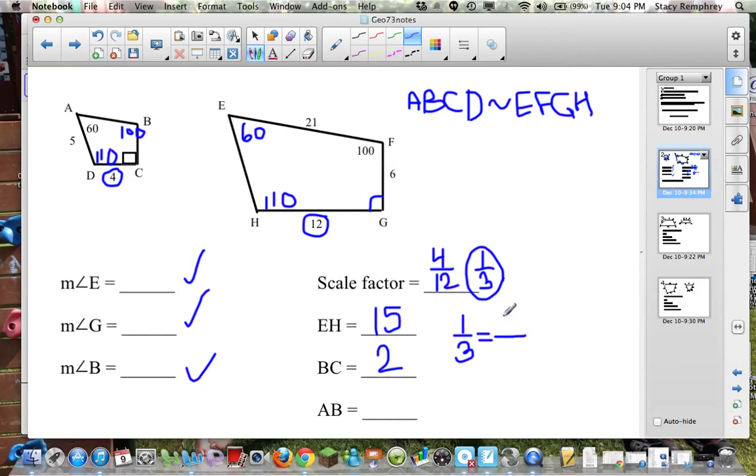So if BC is the missing side, that goes with the ABCD figure, and FG is this side. You could cross multiply and solve. You could get your 2 that way as well. AB, in order for this to reduce from 1 to 3, I need AB to be 7. So sometimes you can just logically go through them once you have it. If you're having trouble with that, you can go to the proportion every time.